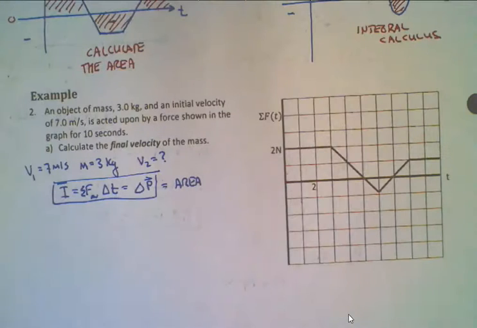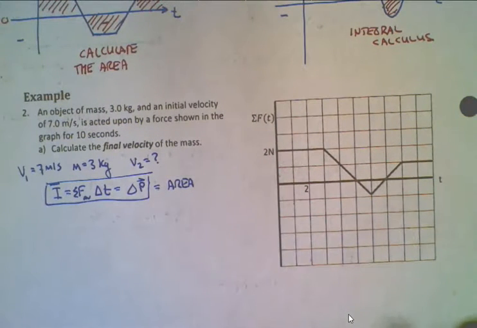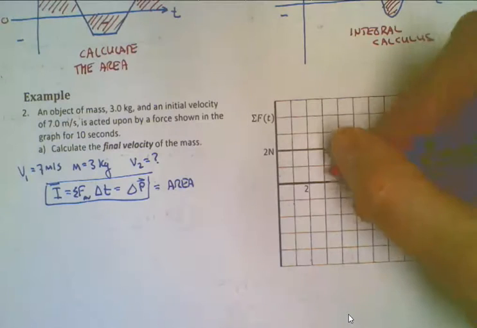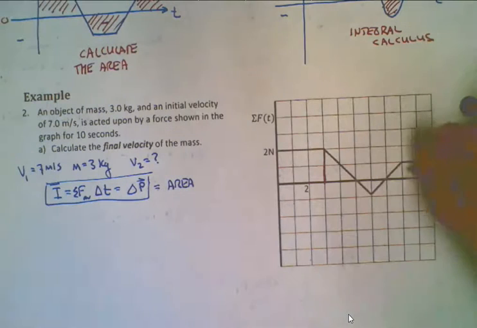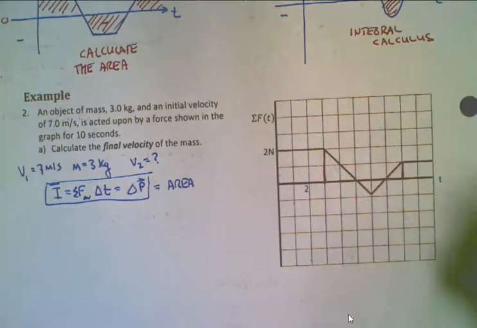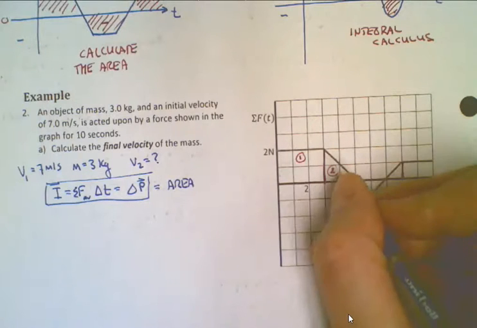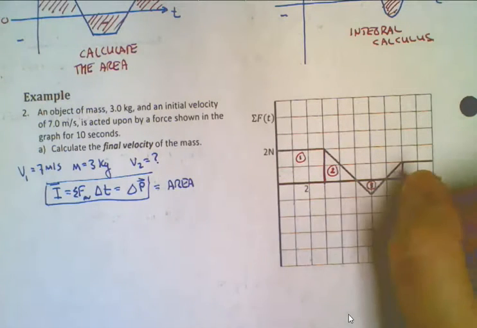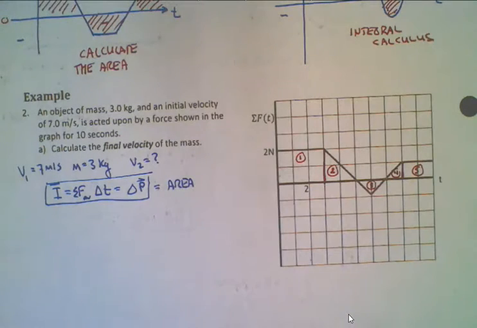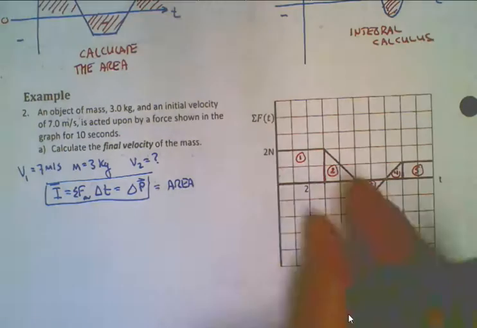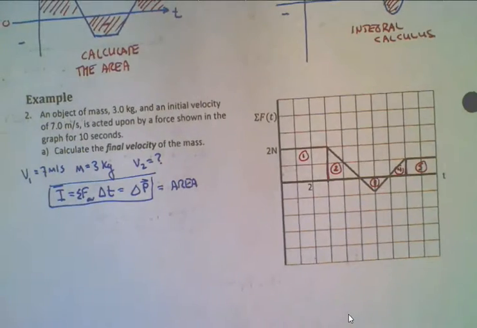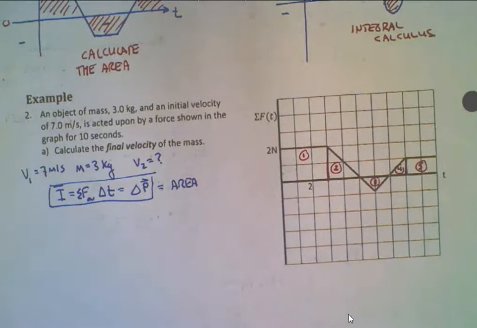Now, pay careful attention to what we're going to do here. The first thing we're going to do is break this into pieces. Okay, like this. And I've got section 1, section 2, 3, 4, and 5, like so. So we're going to look at the change in momentum for each section that's right there, and then find out the total change in momentum.